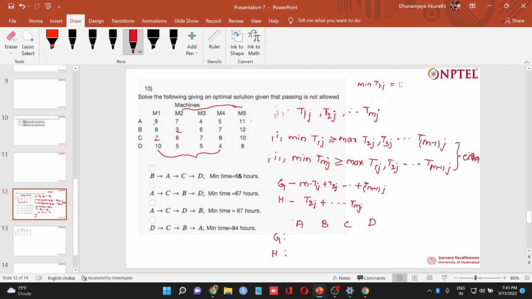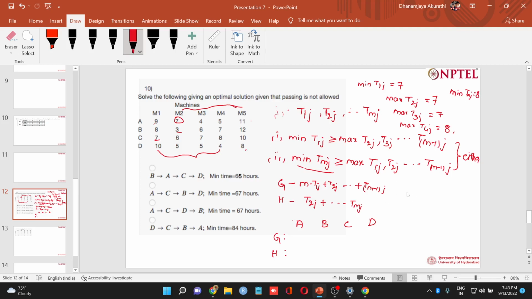First it is 7, and max of T2J is 7, and in a similar way the max of T3J is 7, and max of T4J is 8. Finally we need the minimum of TMJ, which is equal to 8.